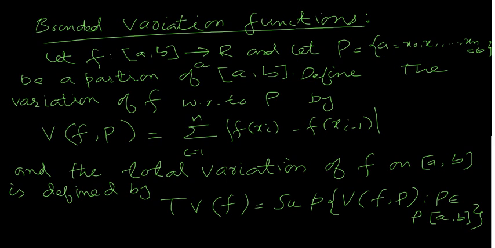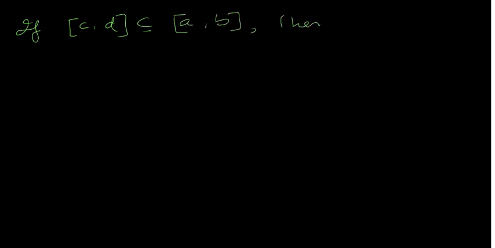And if we choose any subinterval [c, d] of this closed interval [a, b], then what will be the total variation of f over this interval?